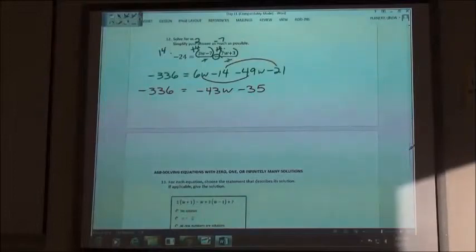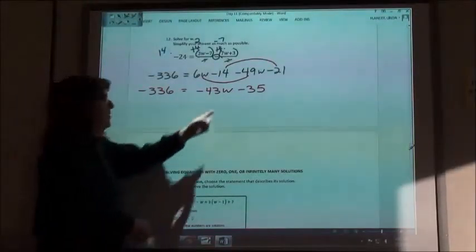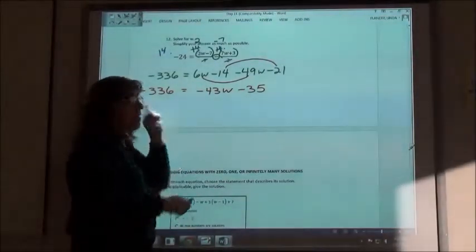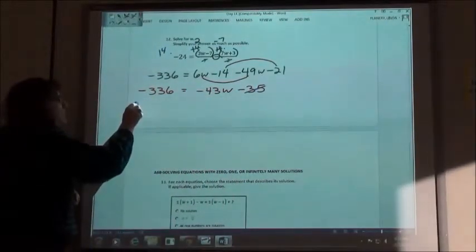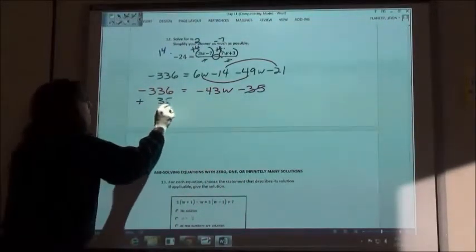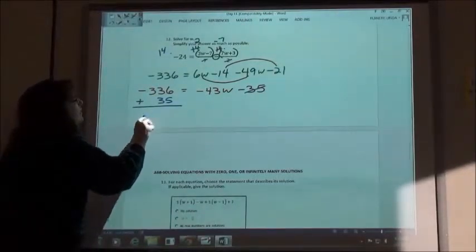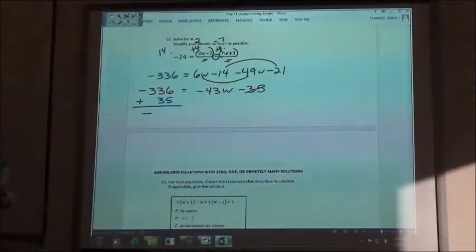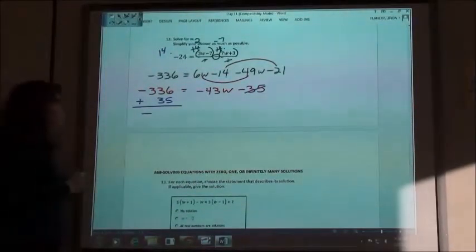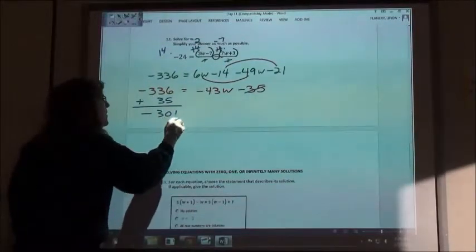You take the negative 35 minus 336. When I move this over, it's going to become minus 336. So negative 331? Subtract that again, or add 336, plus 35 is going to equal 301.